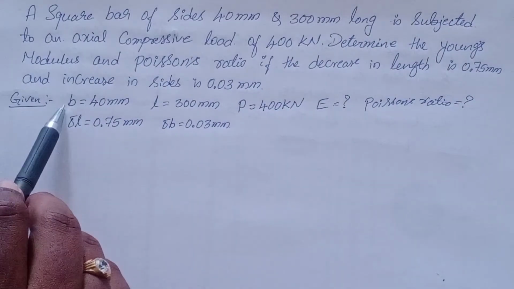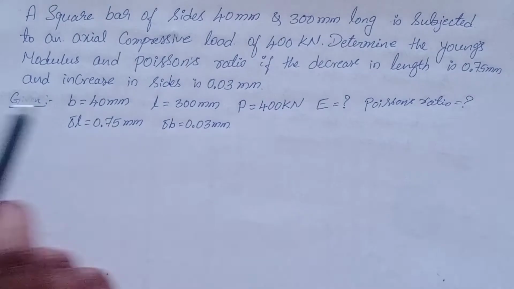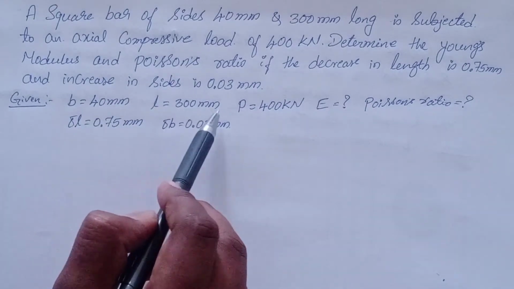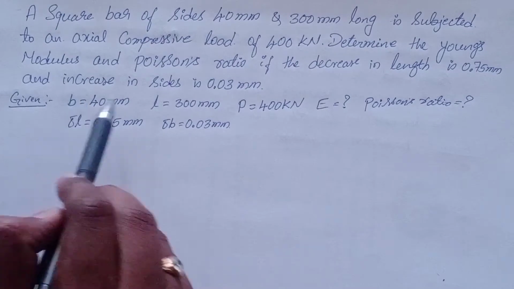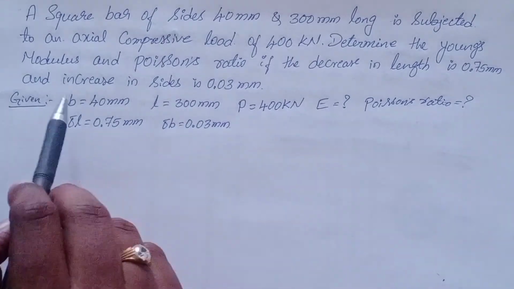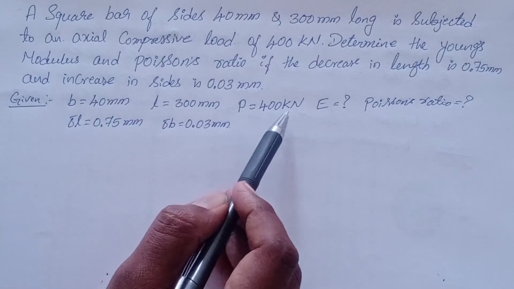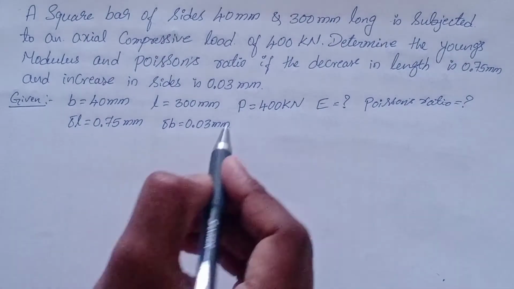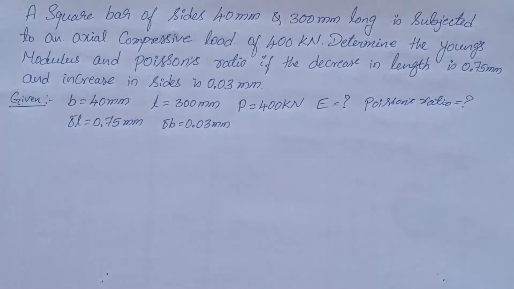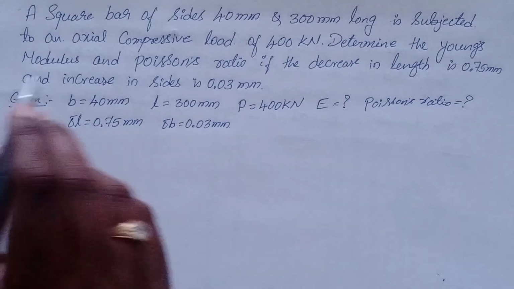Okay. So here first we need to convert into standard units. The breadth is given in mm. L is also given in mm. Both are in mm, so no need to convert here. P is equal to 400 kilonewton, which we need to convert into Newton.